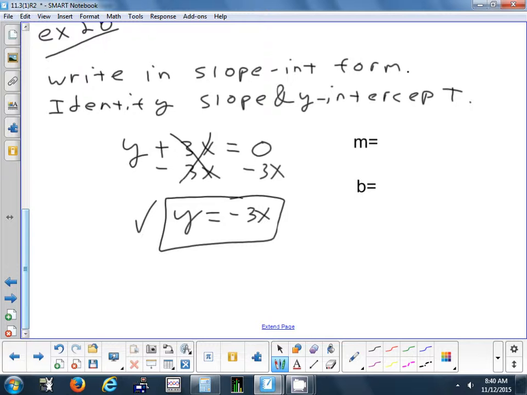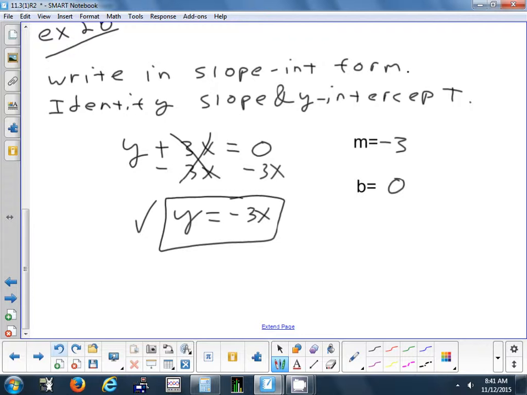Okay, whatever number's in front of it, that's your slope. Now what about your y-intercept? 0, right? Good. Anytime you don't see it, it's a 0. If you want to pretend it's plus 0, you're not wrong. It's just, we normally don't write it.